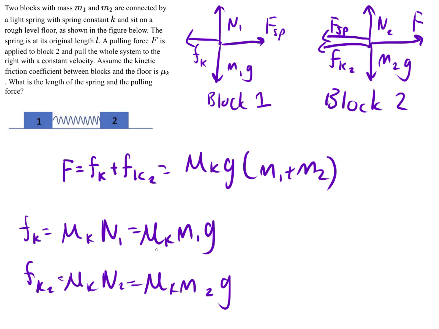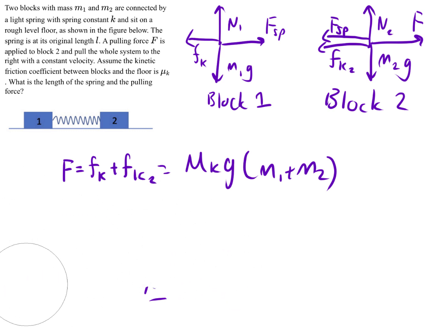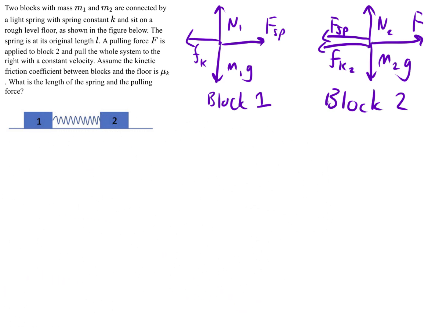Since these two both have mu K and g in common, I just factor them out so that I don't have to write as much. So that's one part of the problem done. The pulling force is equal to the coefficient of kinetic friction times the acceleration due to gravity times the sum of both of their masses. So that's the pulling force.